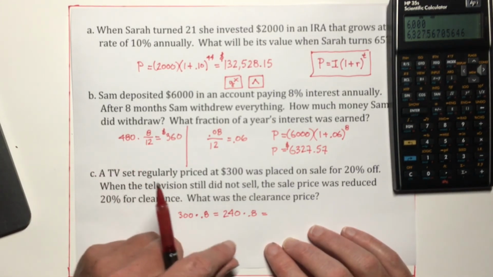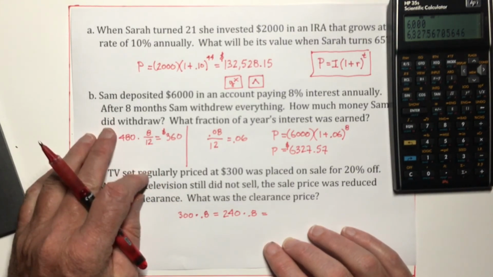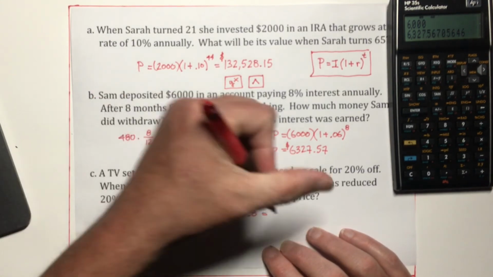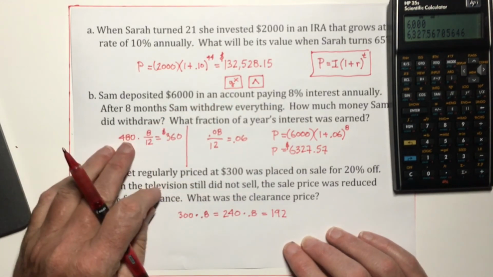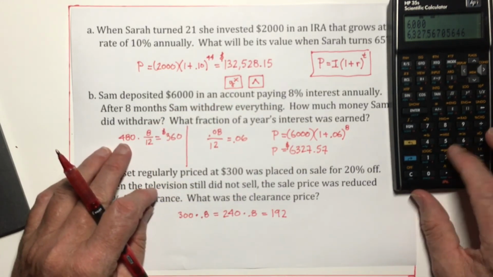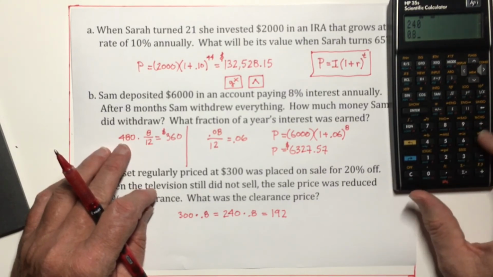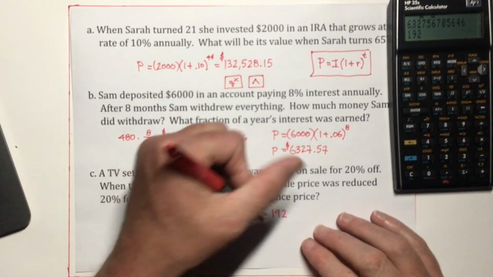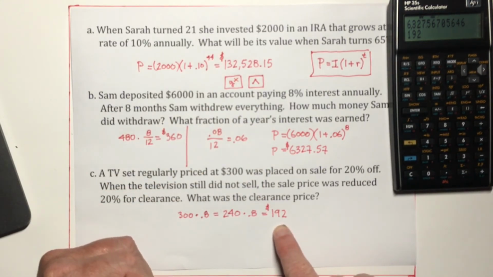Let's see, that's going to be 8. I'm going to say that's $192. You know what? I'm going to check my result. 240 times 0.8 is 192. Why did I doubt myself? So the clearance price ultimately is $192.